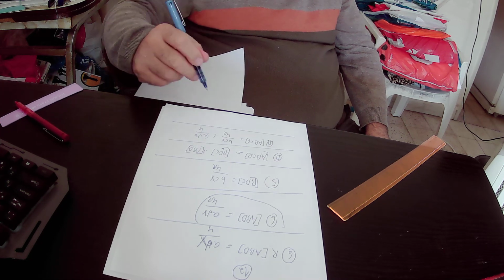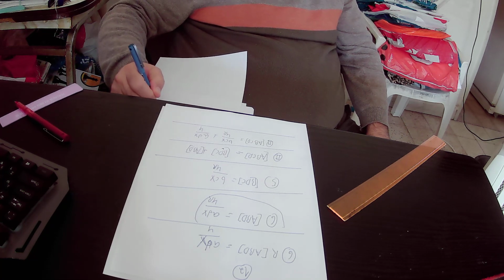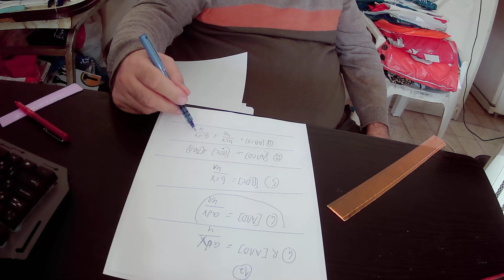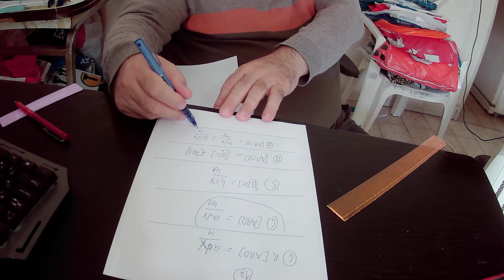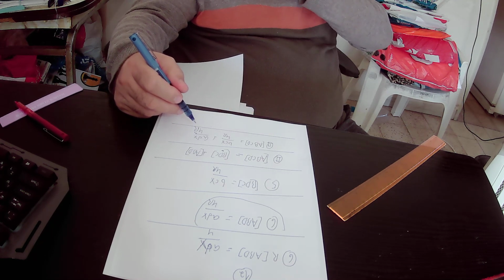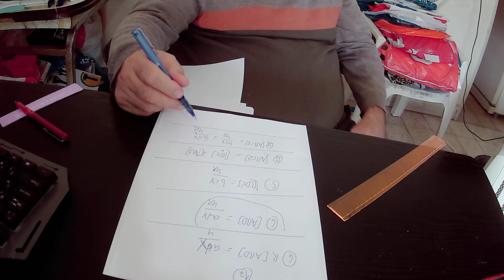Inside the brackets, what is left here is BC, and what is left in this expression after we took x over 4R out is AD.